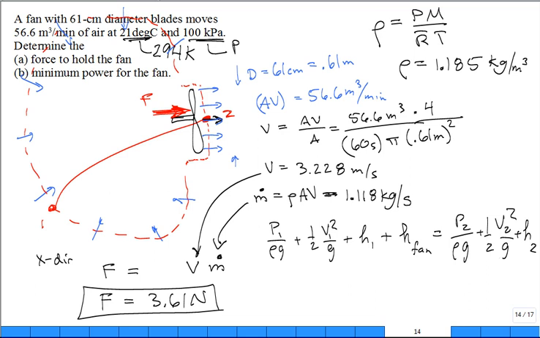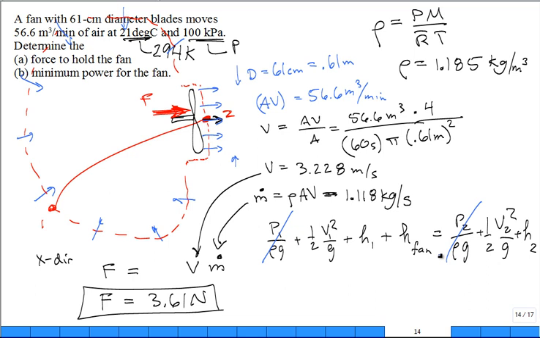A lot of these terms are zero. So what about P1 and P2? The fan is really to speed it up. It doesn't change the pressure, so the pressure change is zero.